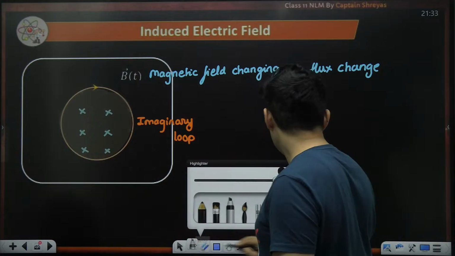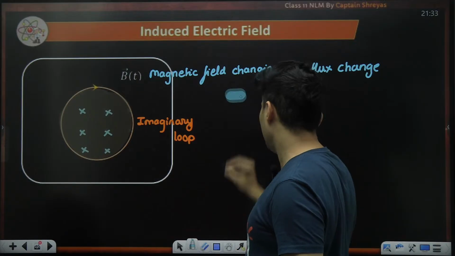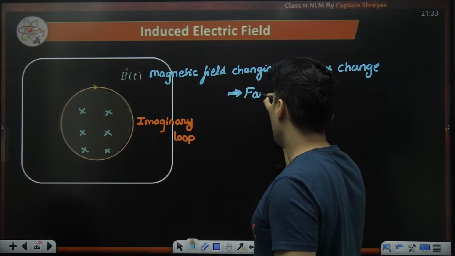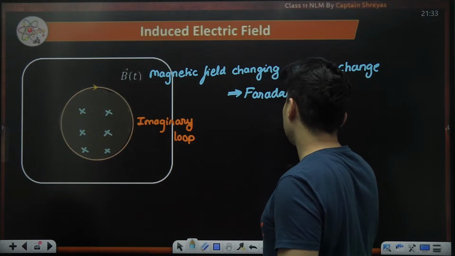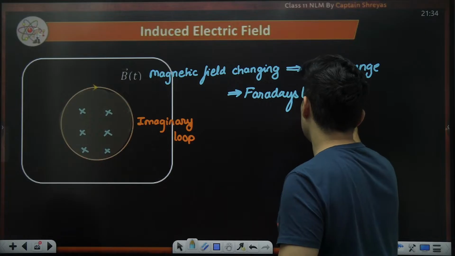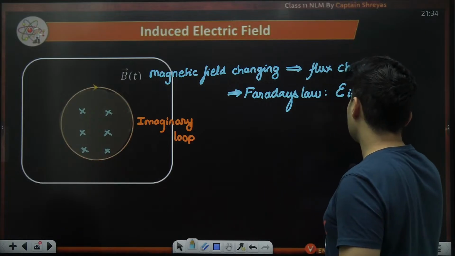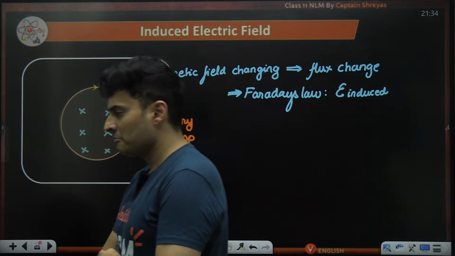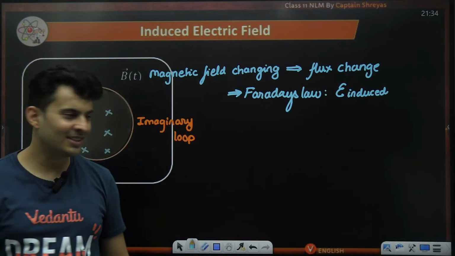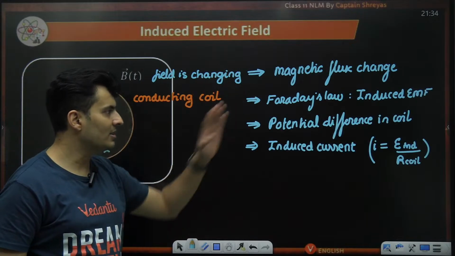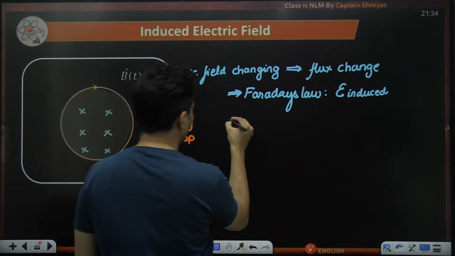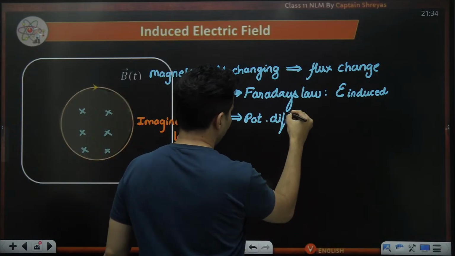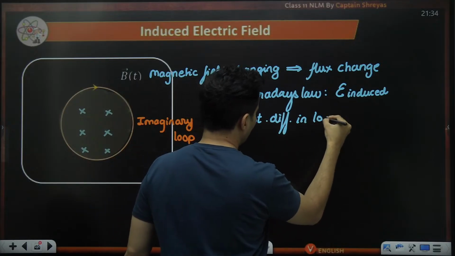And so again by Faraday's law, there must be EMF which is induced. But then the real question comes. Till this point, everything was the same. Yes, there is also potential difference in that particular loop.